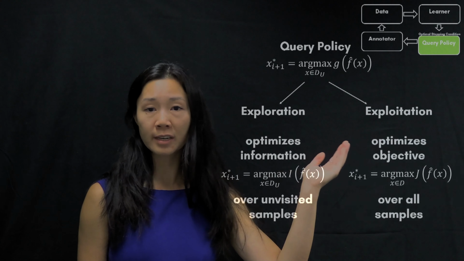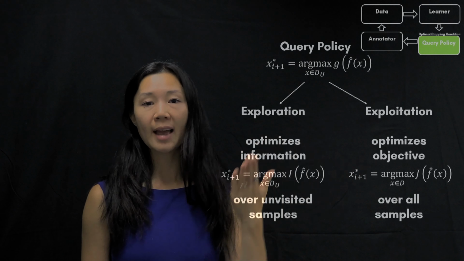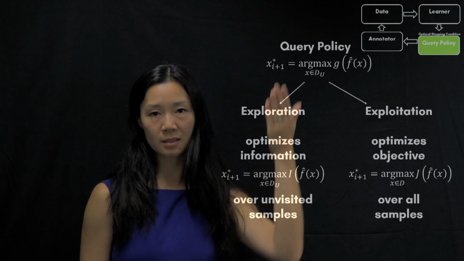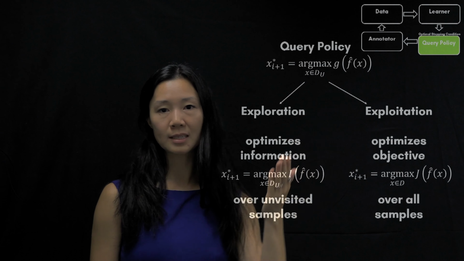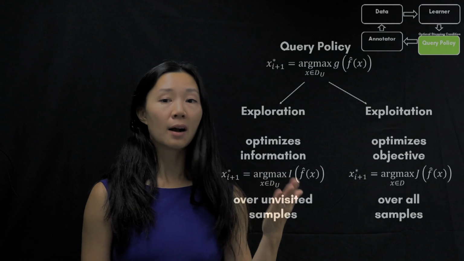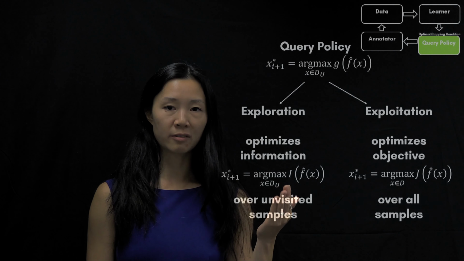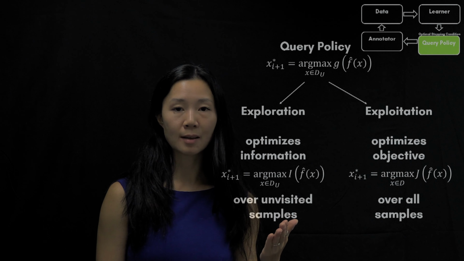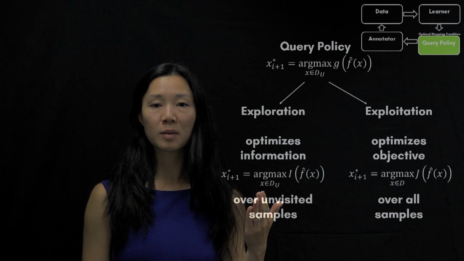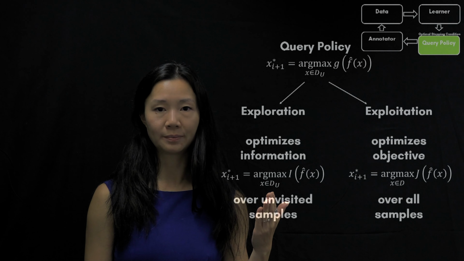Now there's exploration and exploitation. Exploration, what you'll notice is the G is now replaced with I, because exploration optimizes information, which we'll signify with I, over unvisited samples, so that argument is over D_U.